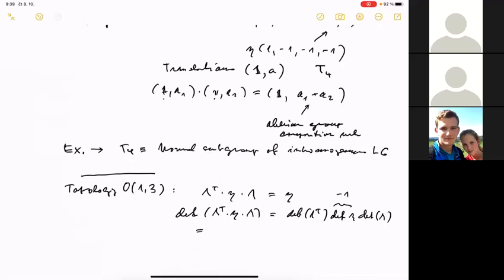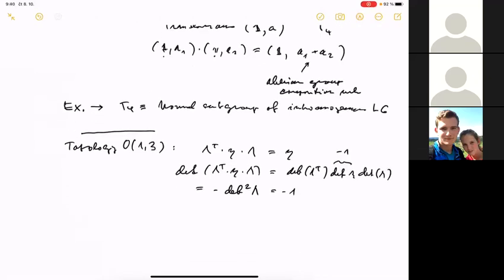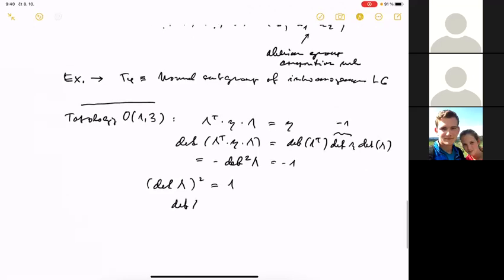And the determinant of the transpose matrix is the same as the determinant of the original matrix. So we obtain minus determinant squared of lambda. And on the other side, we get -1. So we see that we have the following condition for these matrices lambda in the homogeneous Lorentz group: determinant lambda squared is 1. That means that determinant lambda can be either plus or -1.